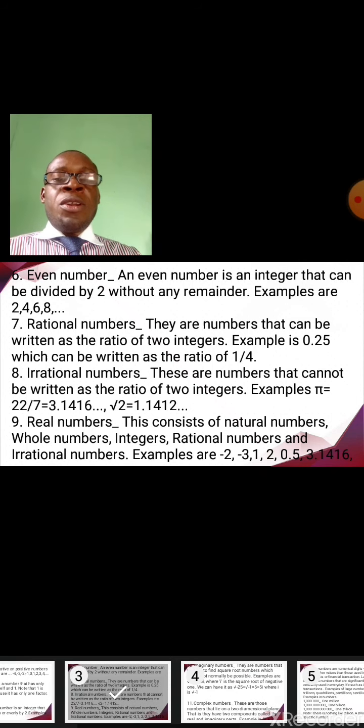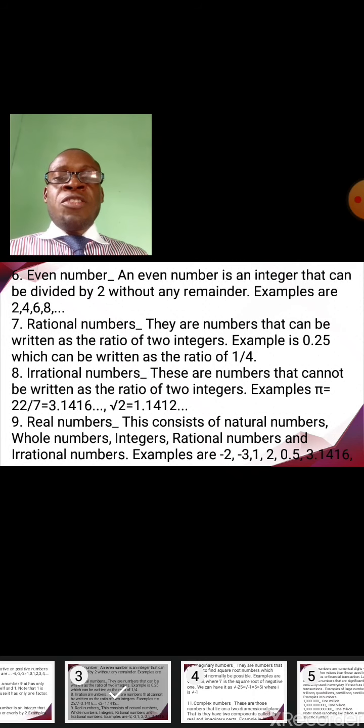An even number is an integer that can be divided by 2 without any remainder. That is a number that is divisible by 2. What I mean is a number that if 2 divides it, there will be no remainder. Examples are 2, 4, 6, 8, and so on.